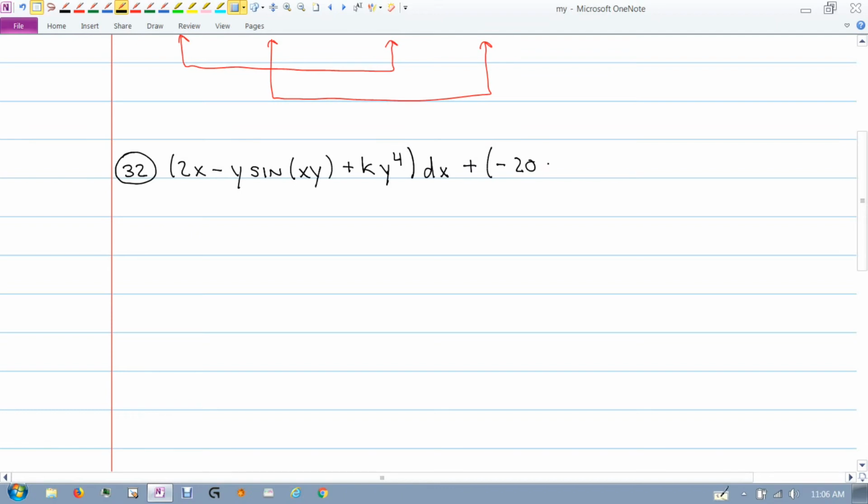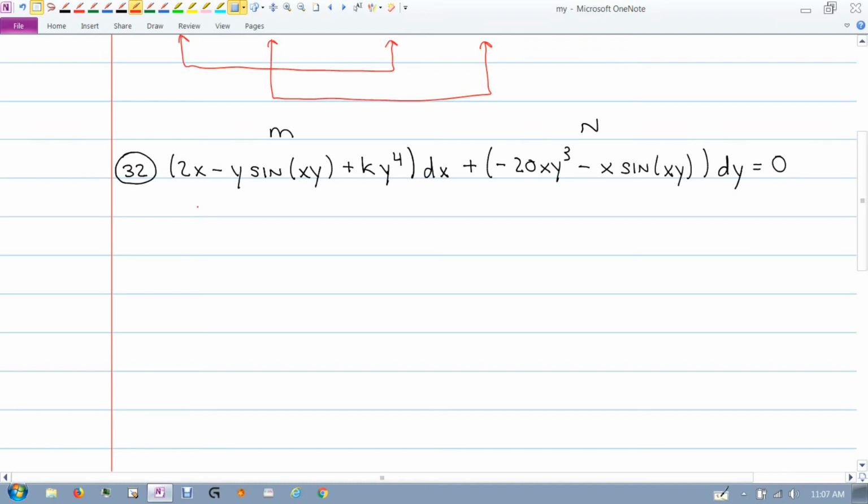Minus 20xy cubed, and then I distributed the minus x sine xy dy equals 0. Okay, so here's M, here's N.